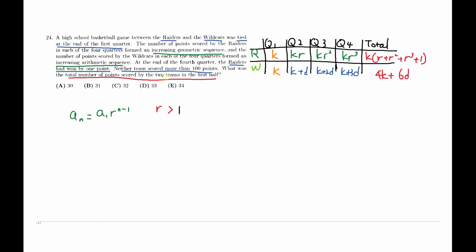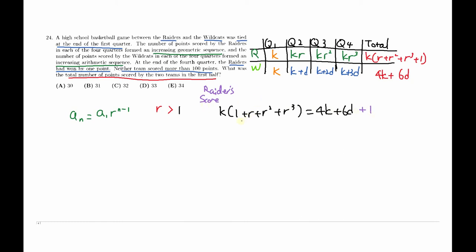Let's translate that statement into a mathematical equation. k times (1 plus r plus r squared plus r cubed) equals 4k plus 6d, and now we have to add plus 1 because this is the Raiders' score. This is the Wildcats', 4k plus 6d. It's just that the Raiders won by 1 point.